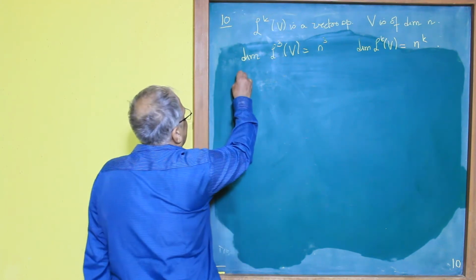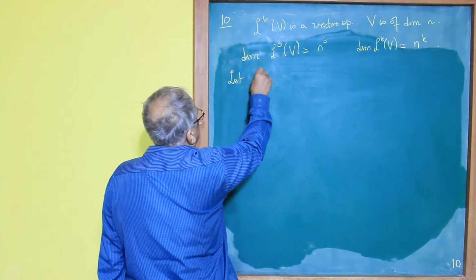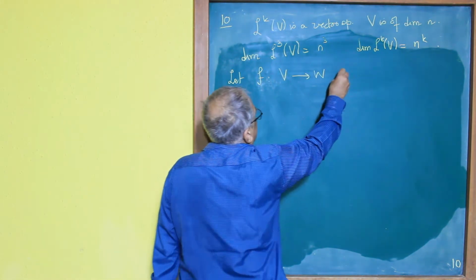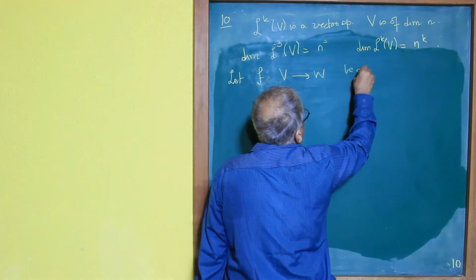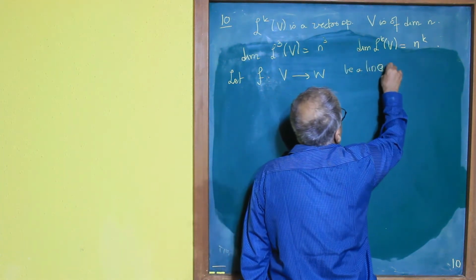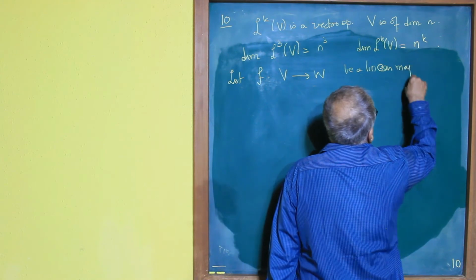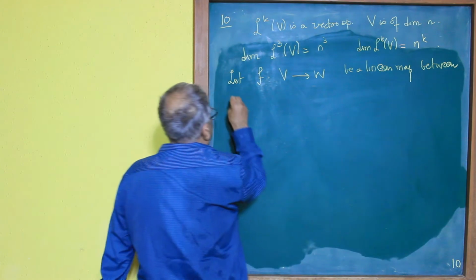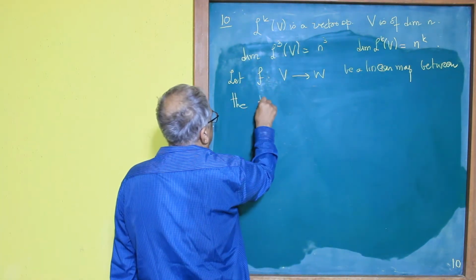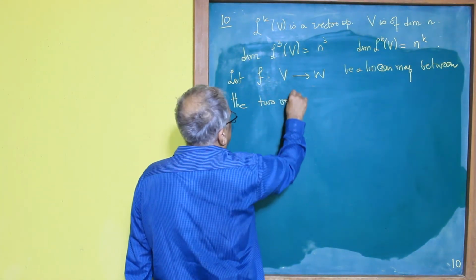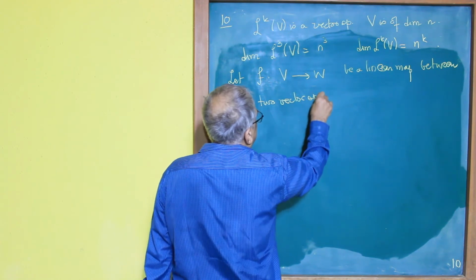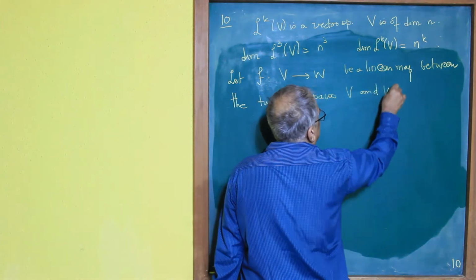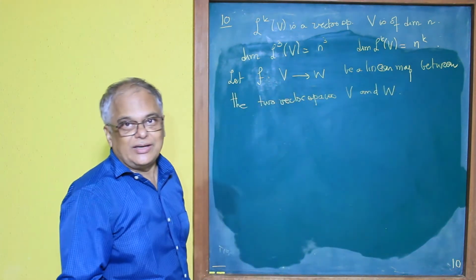So let F be a map from V to W. So V and W are two vector spaces.